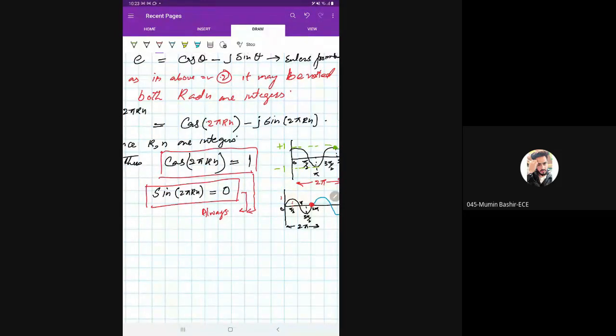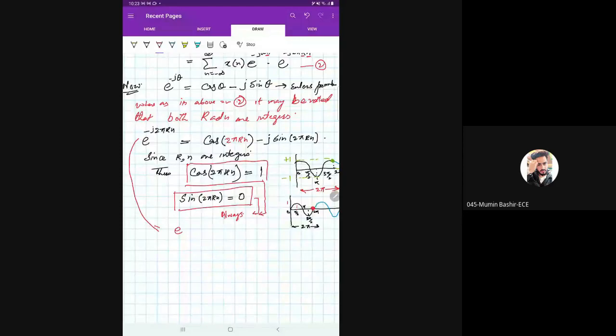Okay. All right. So if cos 2 pi kn is equal to 1 and sine 2 pi kn is equal to 0, what is then e raised power minus j 2 pi kn equal to?